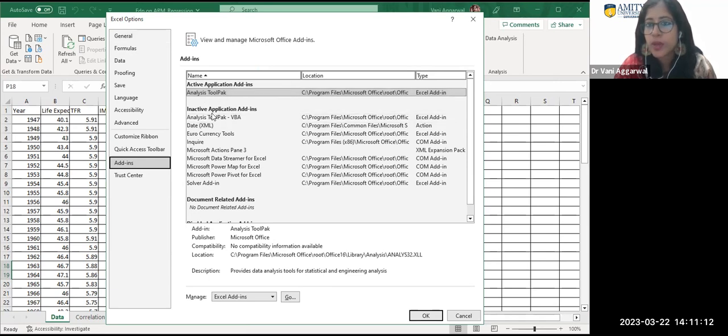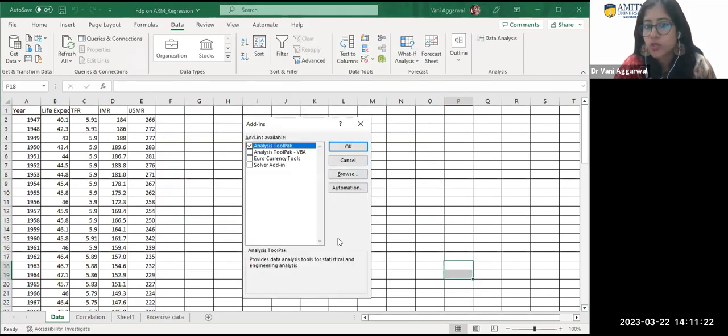So analysis toolpack must be under inactive application add-ins. Okay, so click on this and then click here, go. Right, you will get this option. Do not install all these things for the time being, just install this analysis toolpack. Okay, and click on OK. If you click on OK, you will get this option, data analysis, here under data.